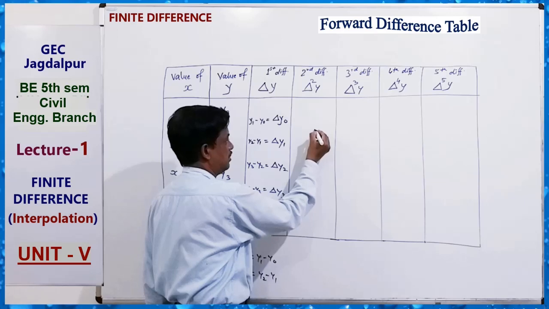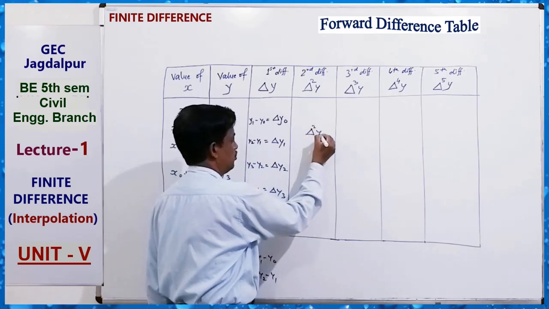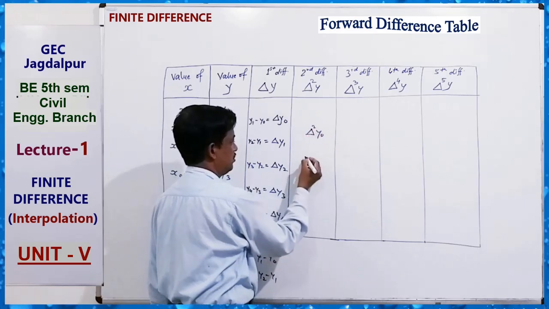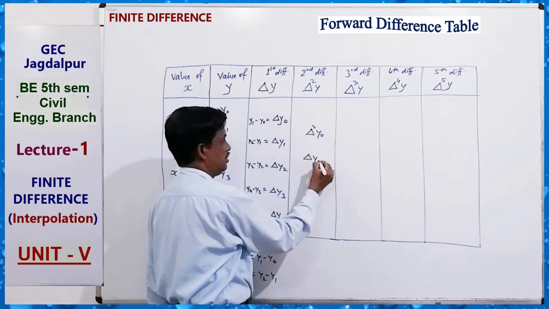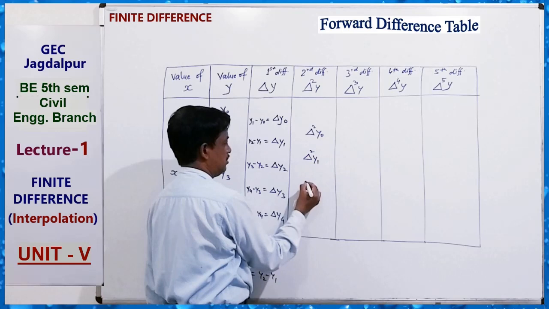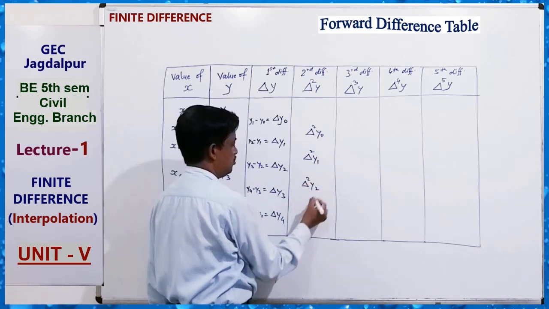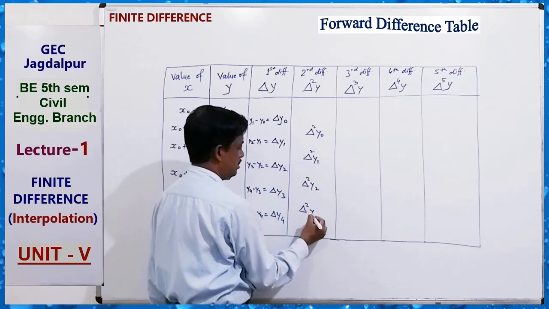Okay? Now, this minus this, what? Del 2 y0. Just write in between: del y1, del square y2, del square y3.